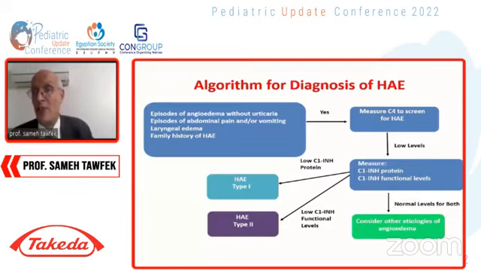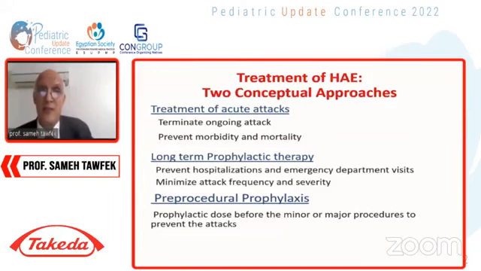We have to measure C4 to screen for hereditary angioedema. If it is low, we have to measure C1 esterase inhibitor. If it is low, this is type 1. If it is not low, it is type 2. If both are normal, this is the rare type, or sometimes we call it type 3, or consider other etiologies of hereditary angioedema.